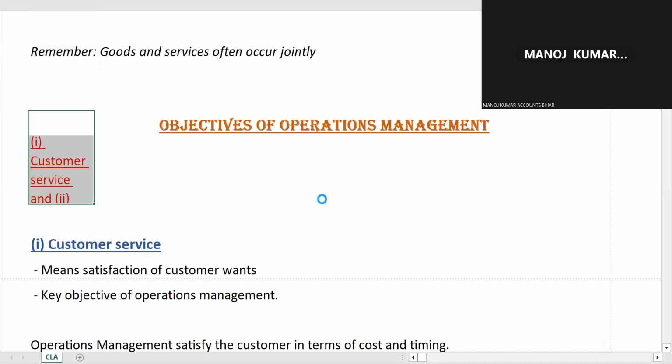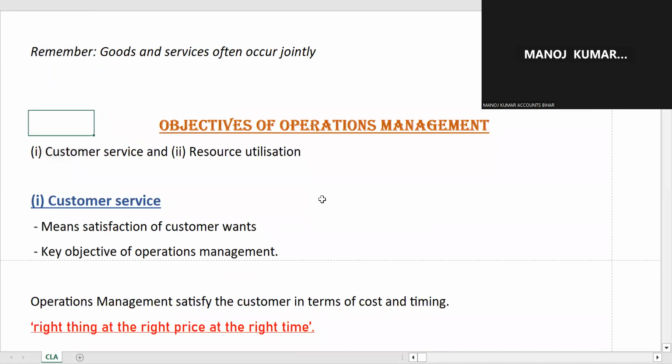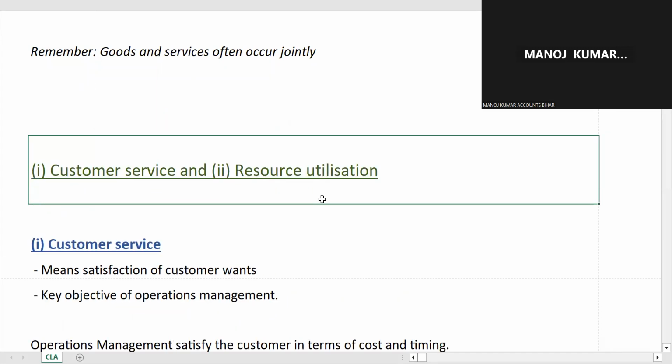Here, these are basically the objectives of operations management. Objectives of operations management are also important for you. What are the objectives of operations management? One is customer service, another is resource utilization.